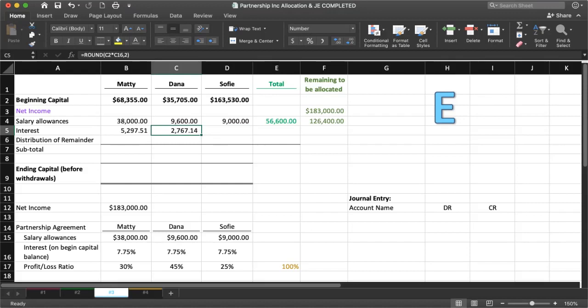And finally, we do the same for Sophie. Well, I'm going to make my life a little easier, and I'm just going to drag and drop it. And we see that, okay, $12,673.58. So the sum total that's allocated as interest is $20,738.23.